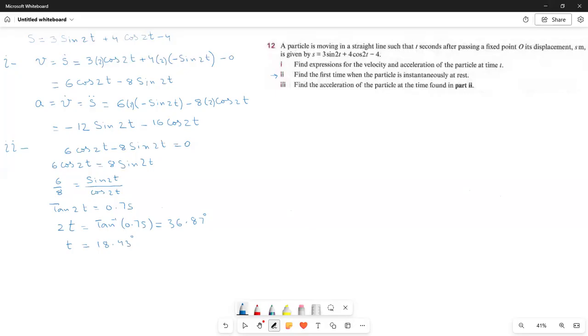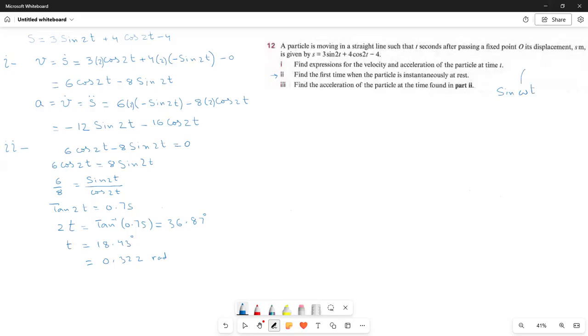So sine 2t has to be in radians. So t has to be in radians. So in radians, I will write it as 0.322 radians.